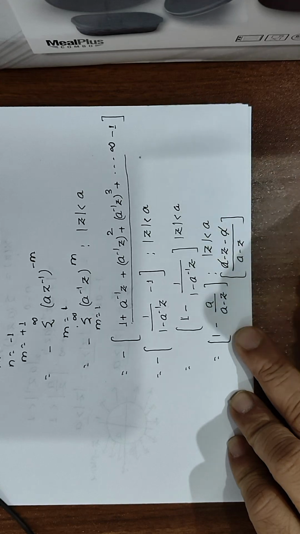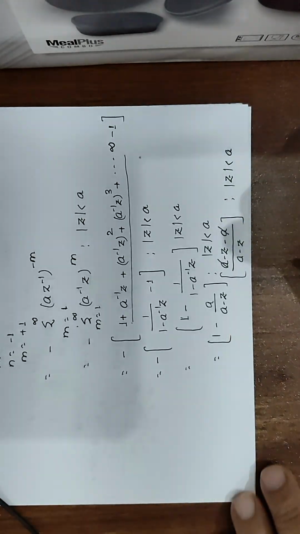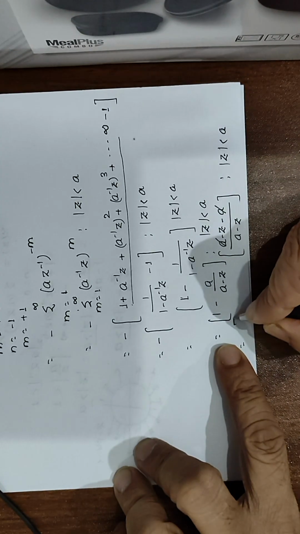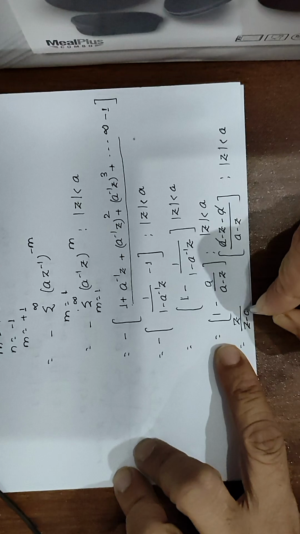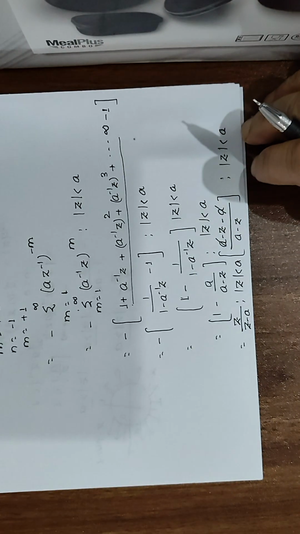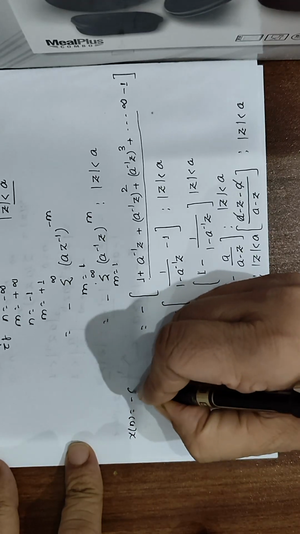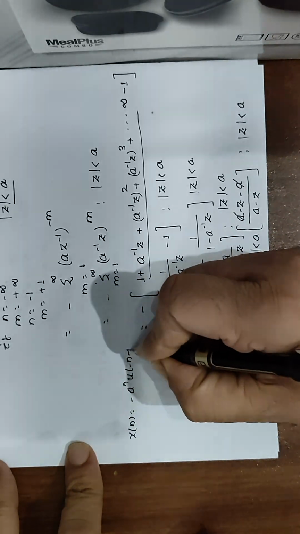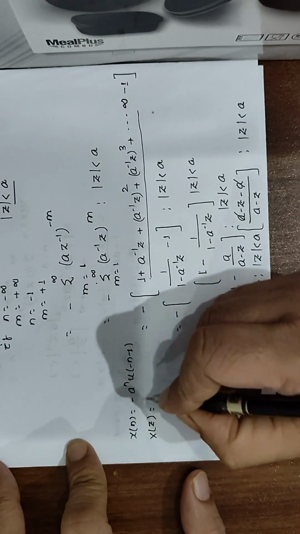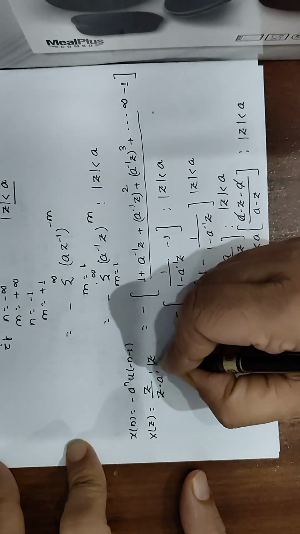The minus a plus a gets cancelled, and the ROC is mod of z less than a. And finally, if I take the minus sign outside, this becomes z by z minus a with ROC z less than a. So I can say x of n equal to minus a power n u of minus n minus 1; the Z transform of this is also z by z minus a with ROC z less than a.